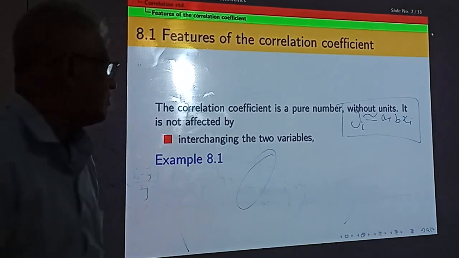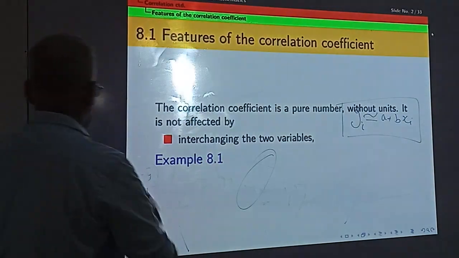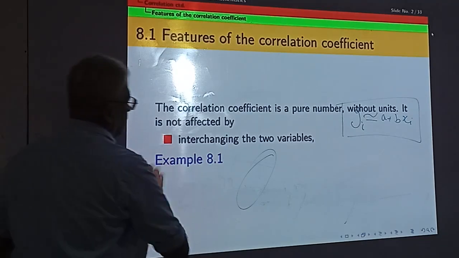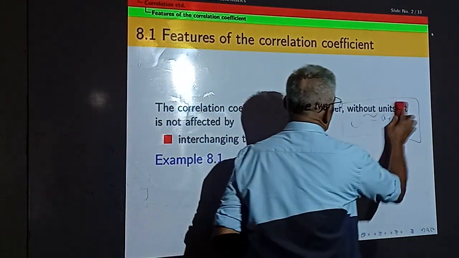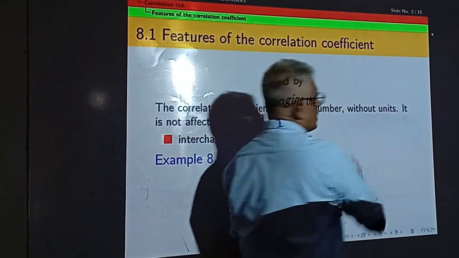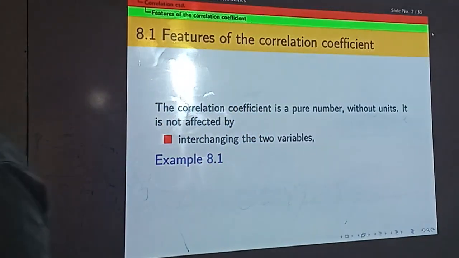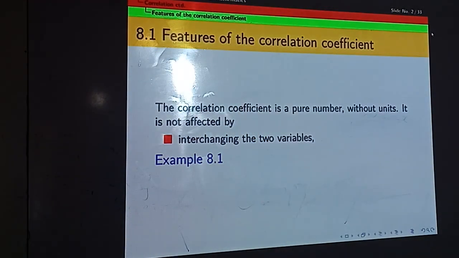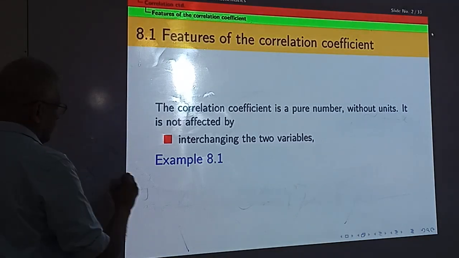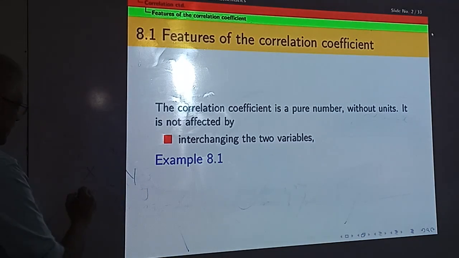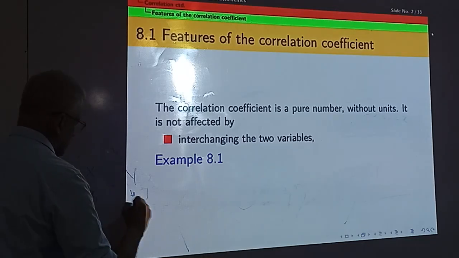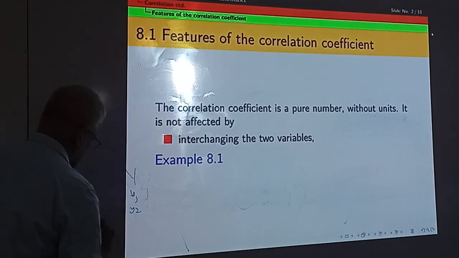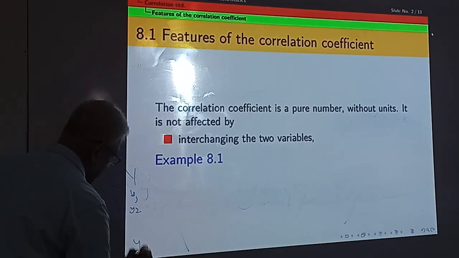So there are other things that we have to know about correlation. Correlation, as I mentioned earlier, doesn't depend on the units that you are using. That is one thing. Now suppose you have two variables x and y, so we have paired observations x1, y1, x2, y2, and so on up to xn, yn.